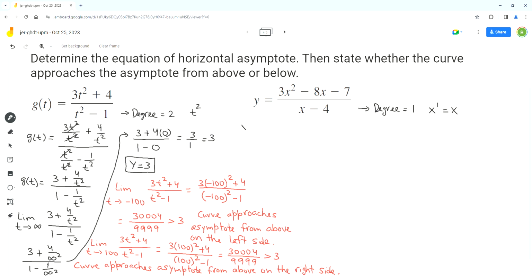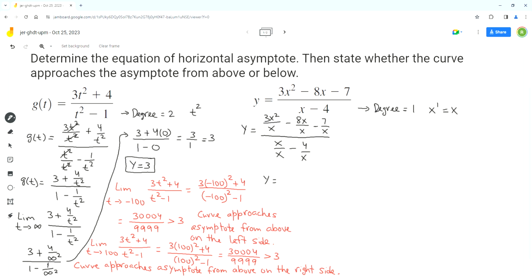So our first step is, y equals the numerator, we divide each term by x, and we'll do the same in the denominator. So x over x minus 4 over x.